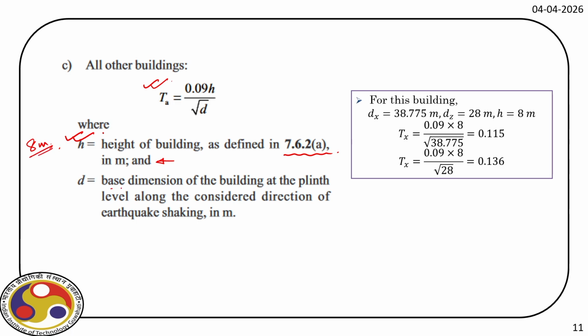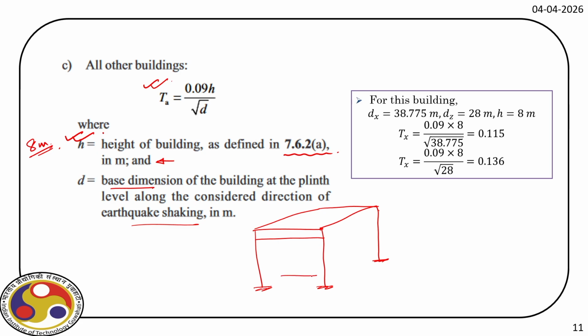Then D is the base dimension of the building at the plinth level along the considered direction of the earthquake shaking. So if you have, say, this is the building, and if we consider shaking in this direction, so this dimension we have to consider.